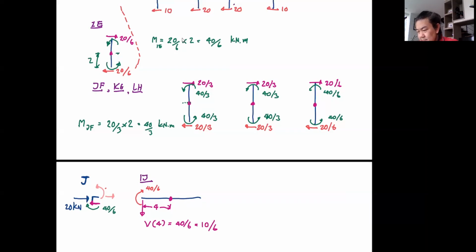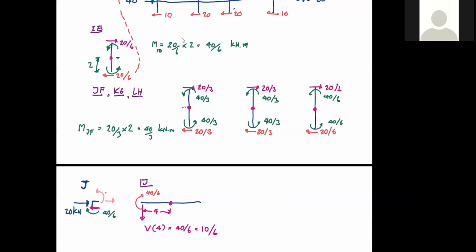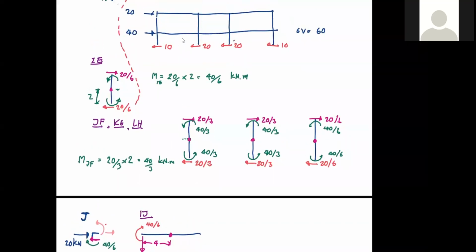Are you still with me? Yeah, but I have a question. As you mentioned, we consider from J. The moment from J that you bring is from JF member, right? It should be 40 divided by 3, right? And I would like to know 40 divided by 6.